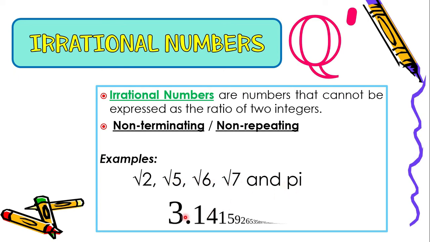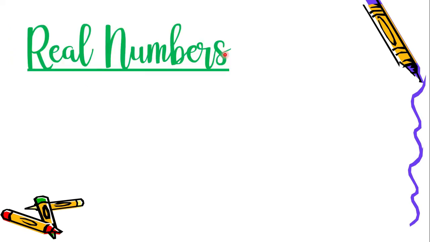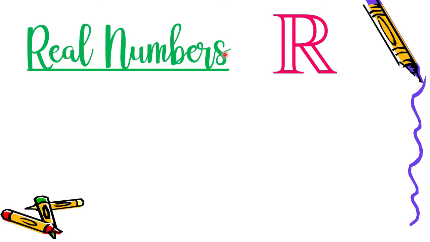As you can see, pi here stands for 3.141592 and so on, so it never ends. And if you convert a fraction into a decimal, and your decimals are non-terminating or non-repeating, that is still under irrational numbers.